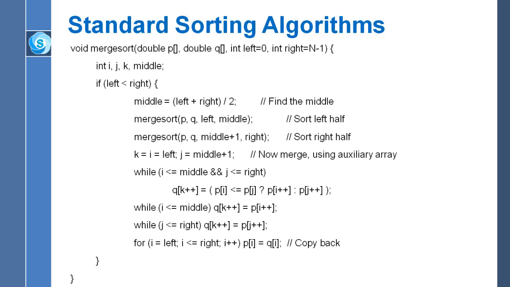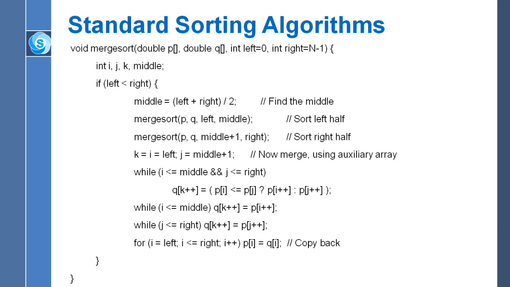But if it's called using only 2 parameters, p and q, then the integer left will be set equal to 0 by default, and the integer right will be set equal to n minus 1 by default. So it's only the first call to Mergesort that you want to pass just 2 parameters, p and q, because on that occasion you're trying to say, I want to sort the entire array. Okay? Subsequent recursive calls will involve 4 parameters.